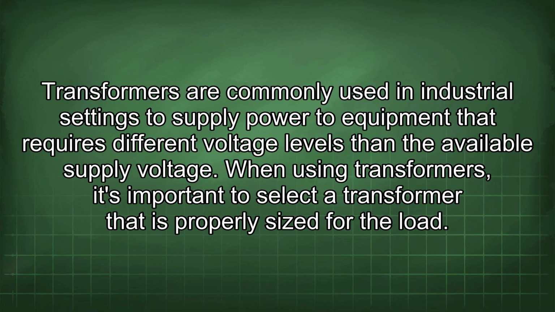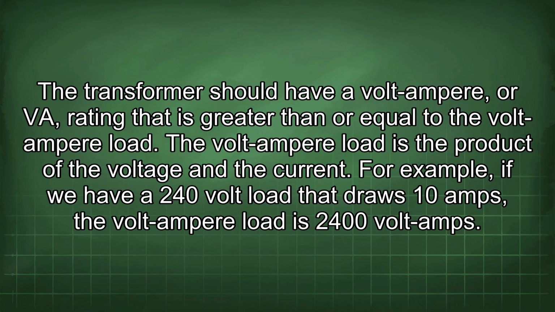Transformers are commonly used in industrial settings to supply power to equipment that requires different voltage levels than the available supply voltage. When using transformers, it's important to select a transformer that is properly sized for the load. The transformer should have a volt-ampere, or VA, rating that is greater than or equal to the volt-ampere load. The volt-ampere load is the product of the voltage and the current.